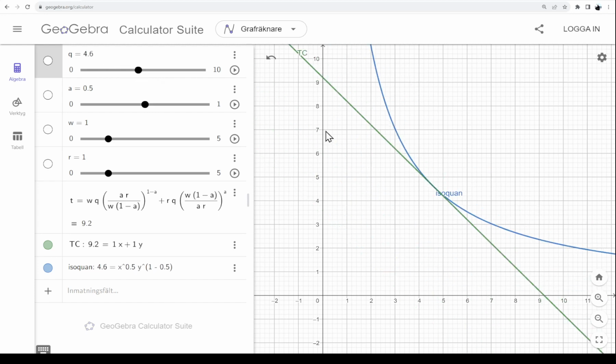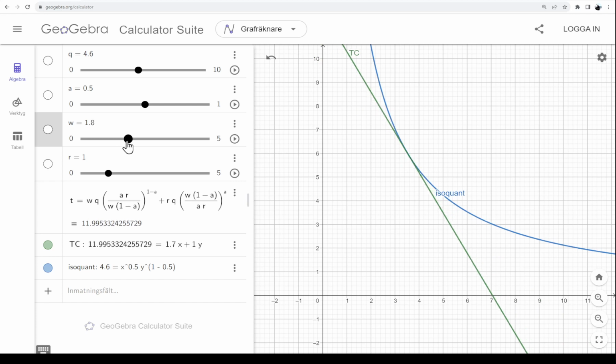And when I do that, I can see the graphs here, so the green one is the total cost function, and here is the isoquant, the production function, the constraint, in blue here. Isoquant, maybe we should add a T there. So now I can change the wage if I want. So labor becomes more expensive.